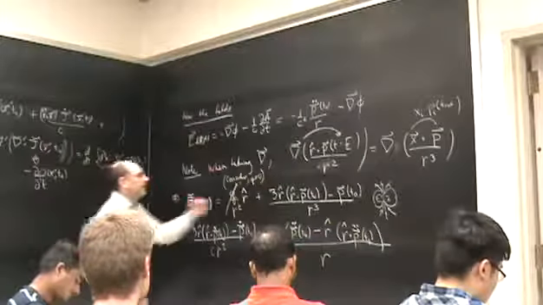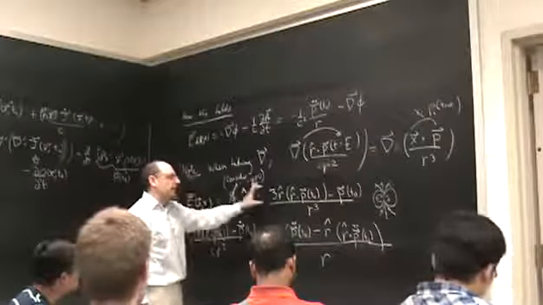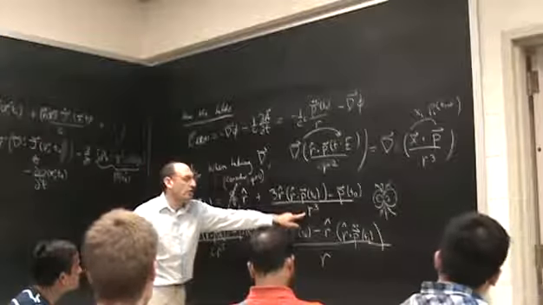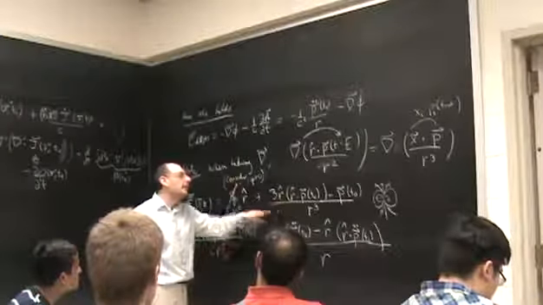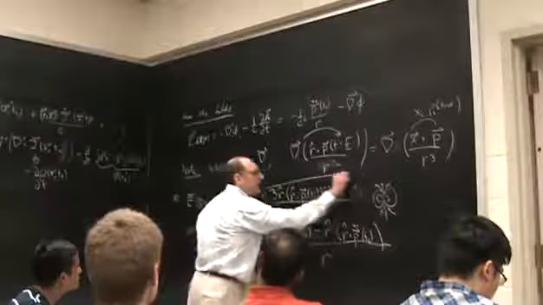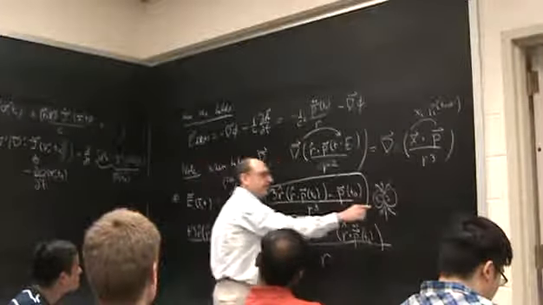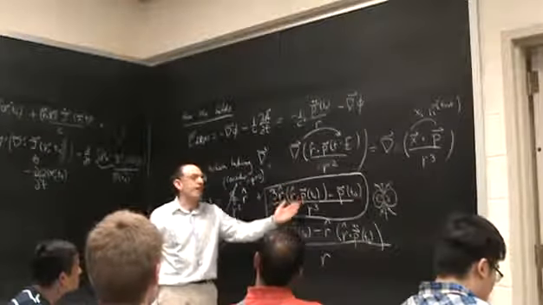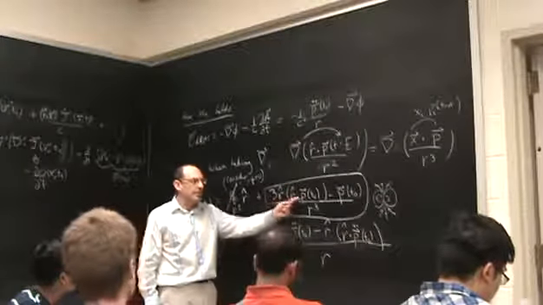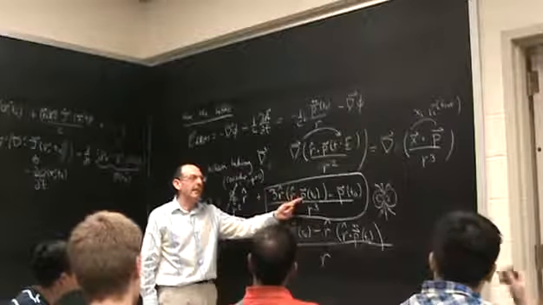Well, we have a term that's falling off like 1 over r cubed. That we said was kind of like this electric dipole distribution at the instance of time, depending on what the strength of the dipole is.